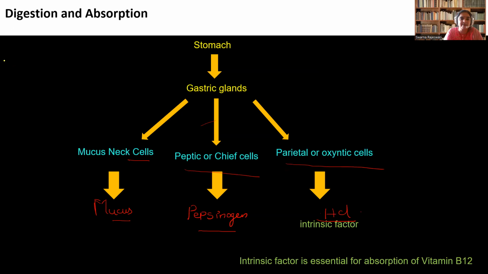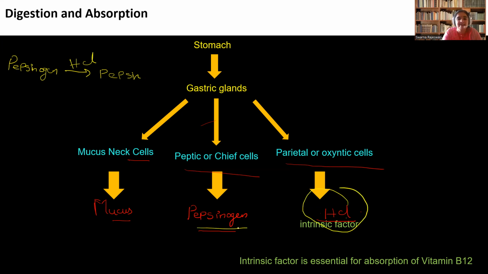So how will it be converted? With the help of HCl. From where is this HCl produced? From the oxyntic cells. This HCl is converting pepsinogen into active pepsin. So this pepsin is now ready for action on proteins.